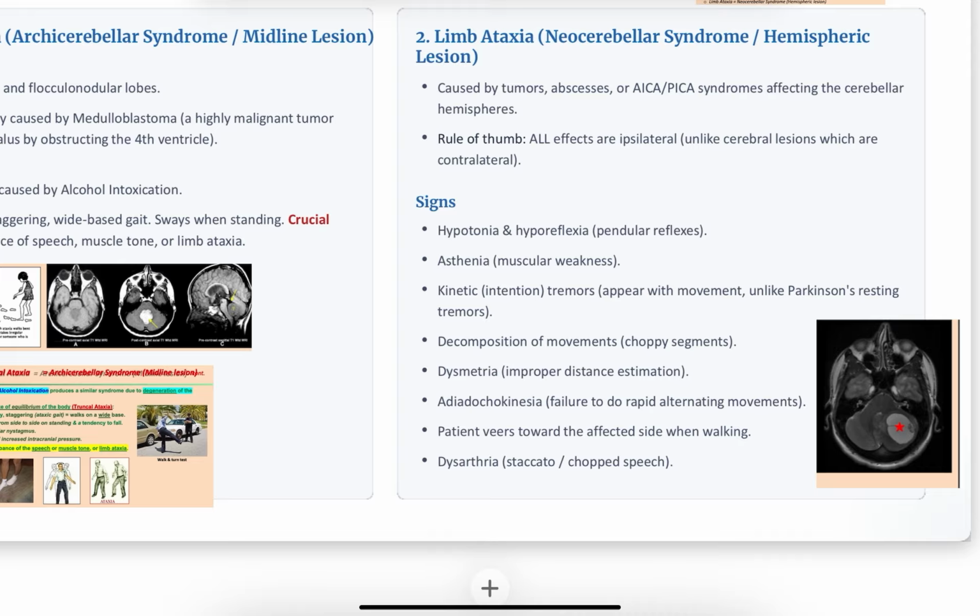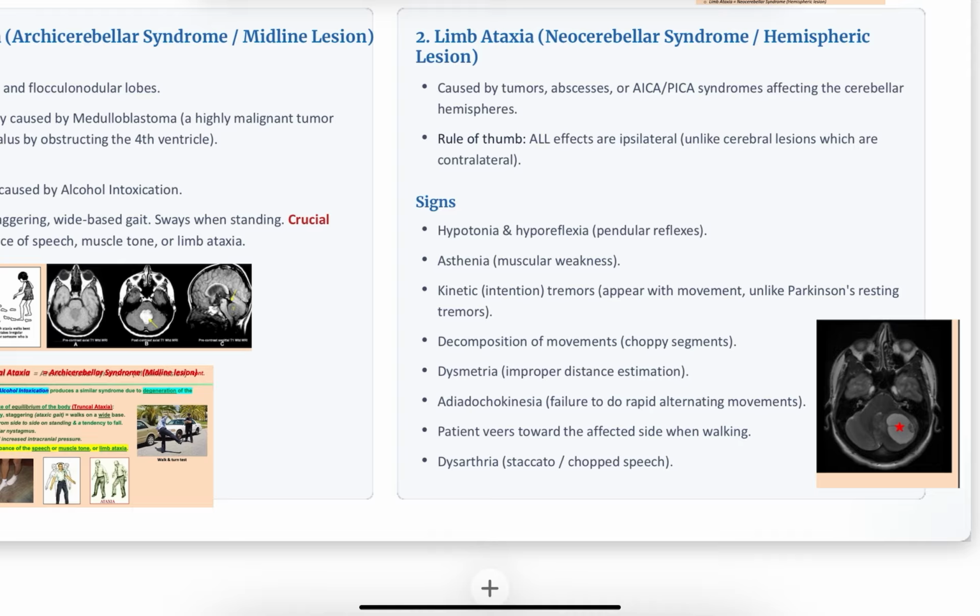So the findings occur on the same side as we've said. Now, the signs of the limb ataxia include several things that we need to talk about here. For example, we have hypotonia and hyperreflexia, producing pendular reflexes. It could be asthenia, which means muscular weakness. It could be kinetic or intention tremor, which appears during movement, and it's different from the resting tremor. So it's kinetic tremor.